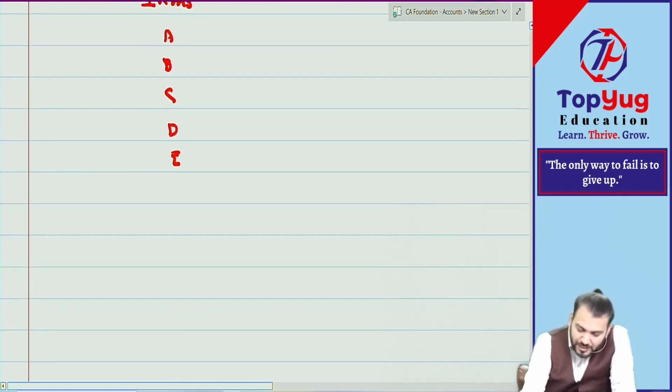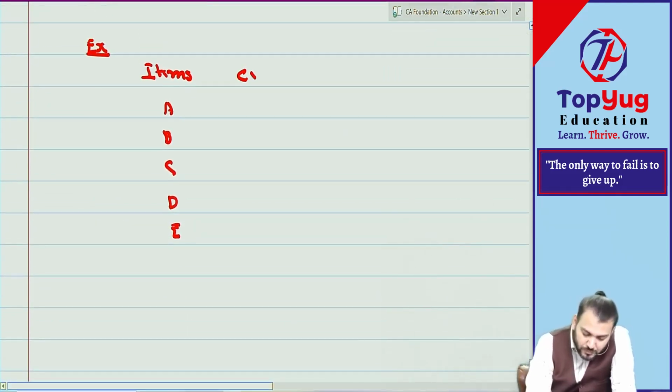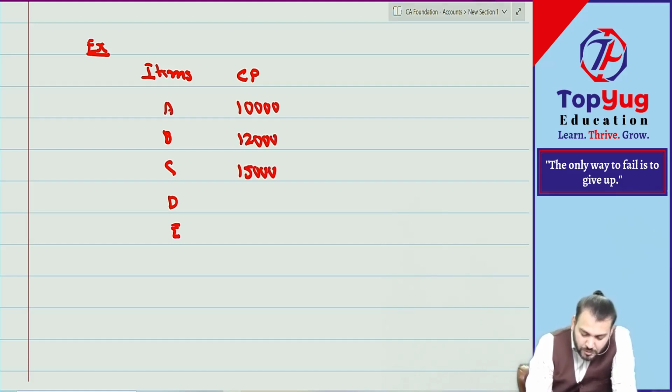They will give cost price also. Cost price, let us assume 10,000, 12,000, 15,000, 18,000, 20,000. Total cost price 75,000. Just check whether it is correct.